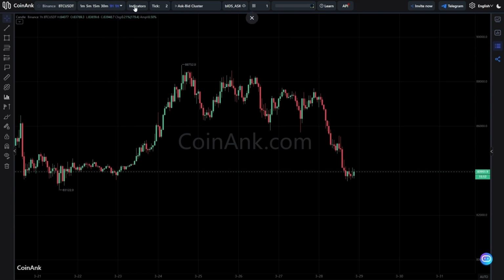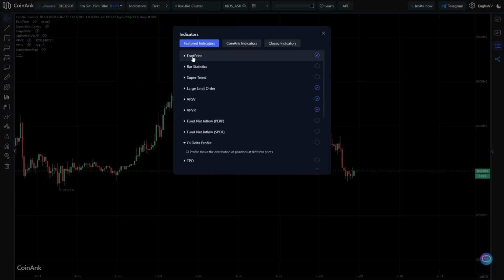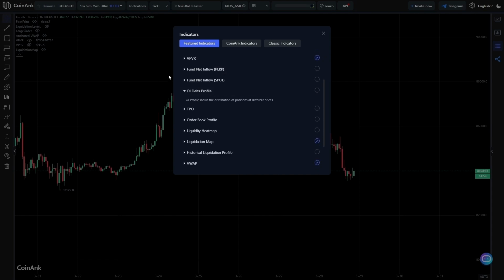Then we have our indicators tab. I have my indicators right here, so I can open it up for you. The ones I have on are the footprint, the large limit orders, which is the most important one in my opinion, the VPSV, the VPVR. You can also, if you like, have net or fund net inflows.